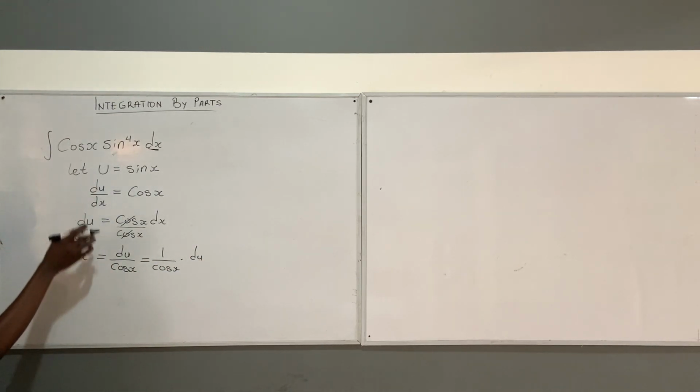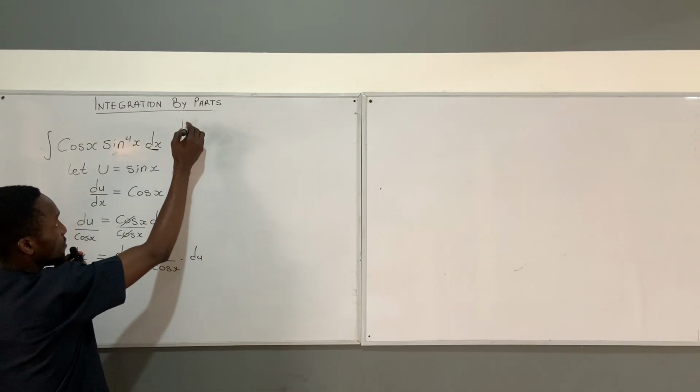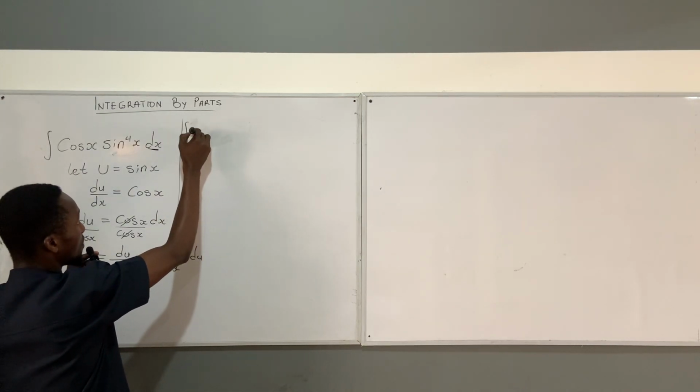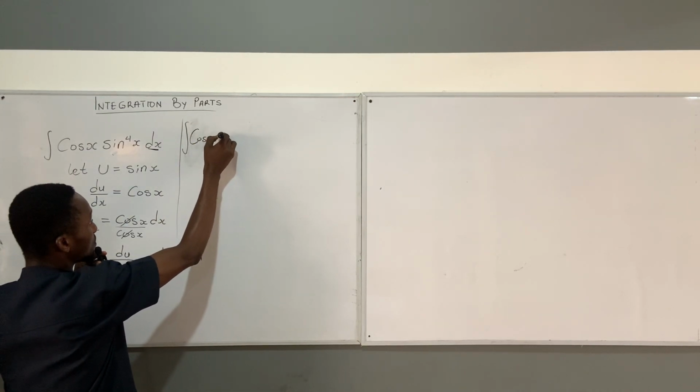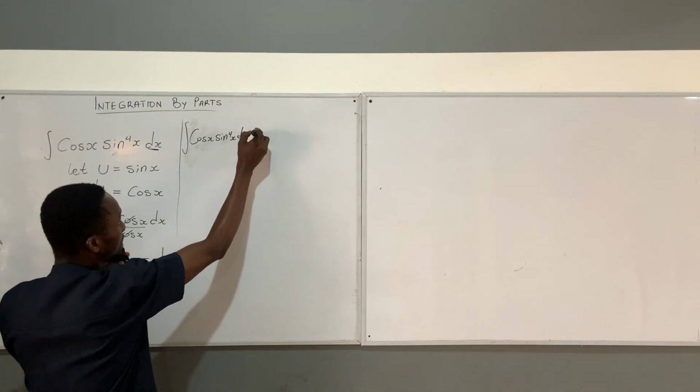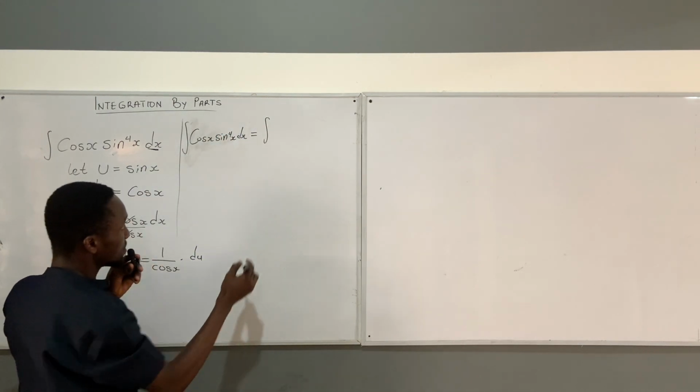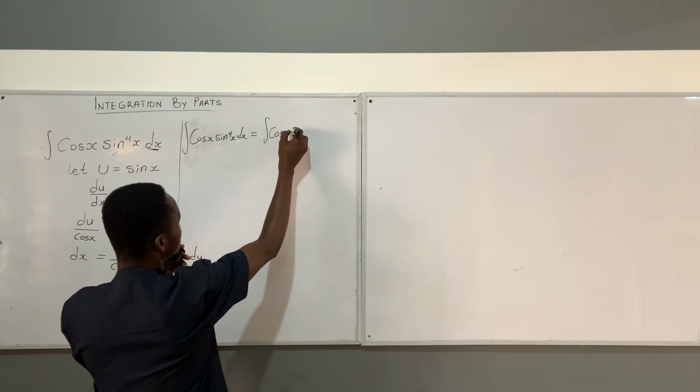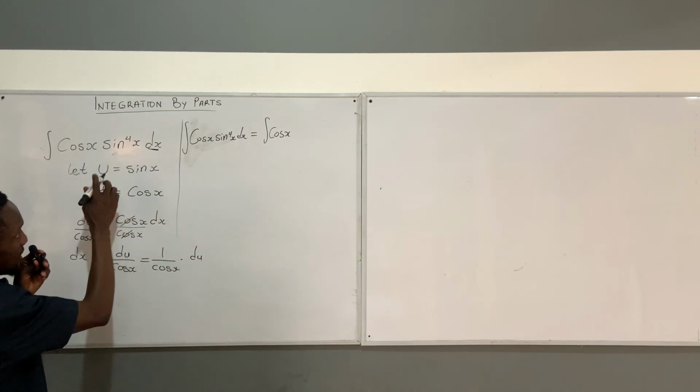Now let's go back and rewrite the equation. When we rewrite this, the integral of cos x sine to the power 4 of x dx should give us the integral of cos x, and watch, the sine here stands for u.